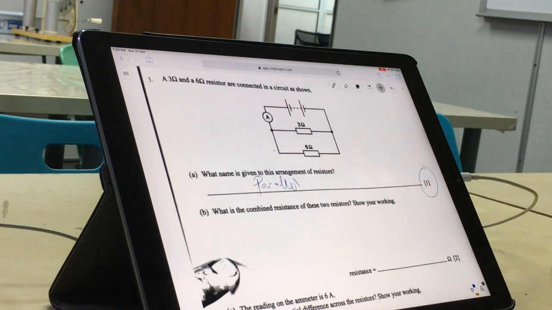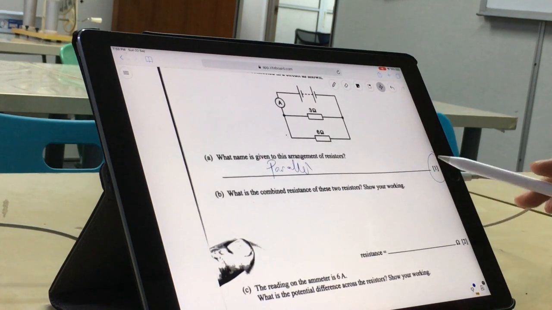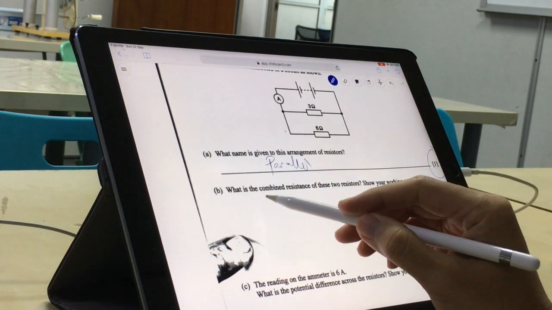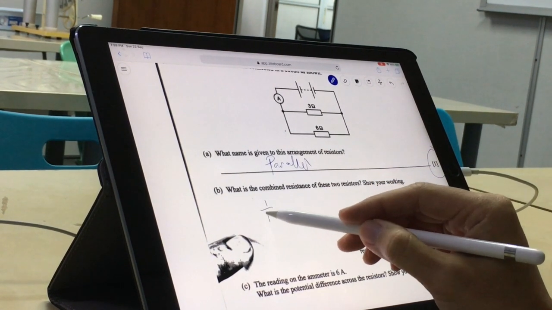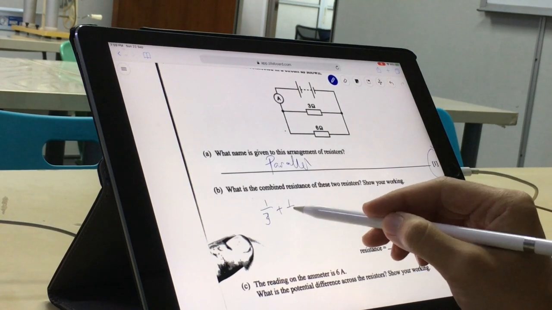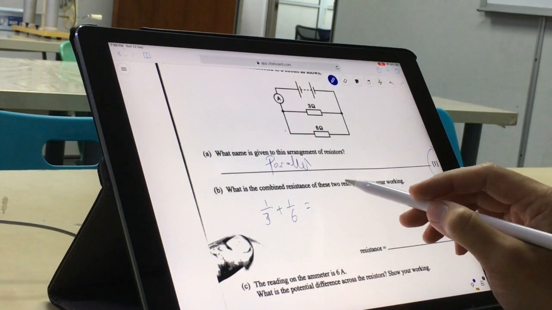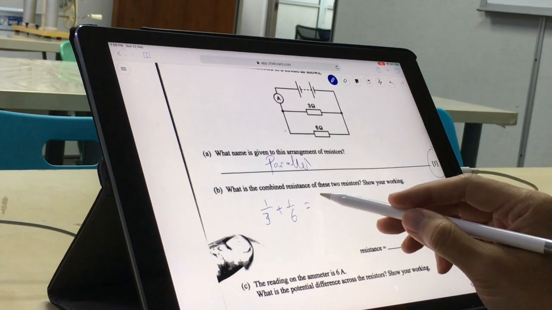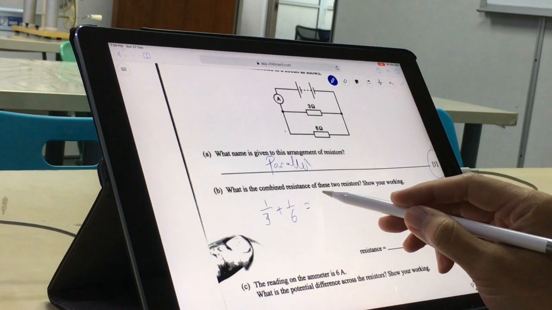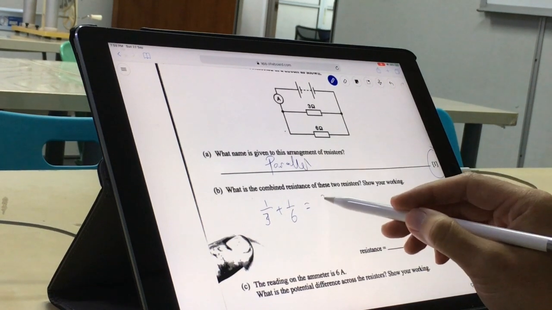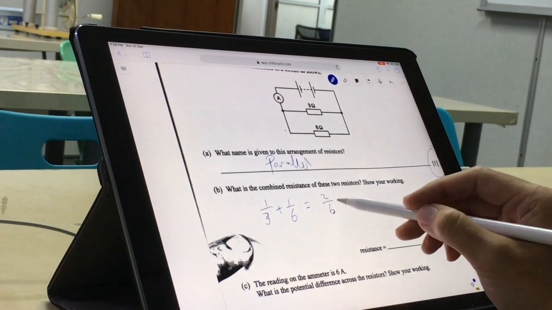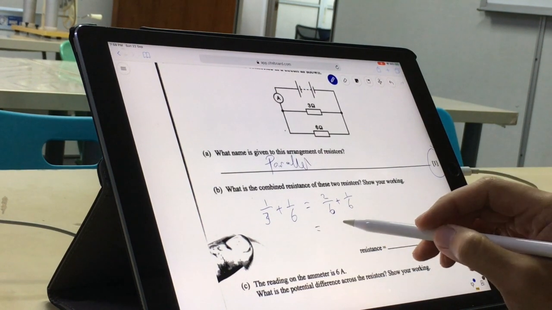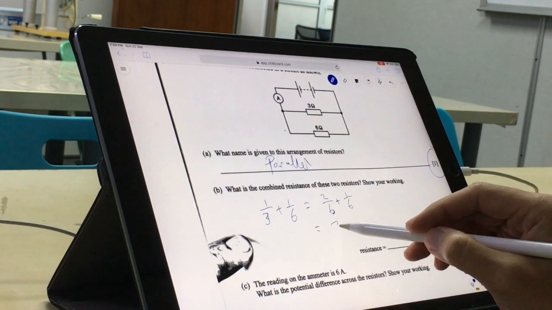Okay, what's the combined resistance? You tell me, I write. 1/3 plus 1/6 equals 3/6. 3 over 6, 2 over 6. 2/6 plus 1 over 6 equals 3/6. 3 over 6.